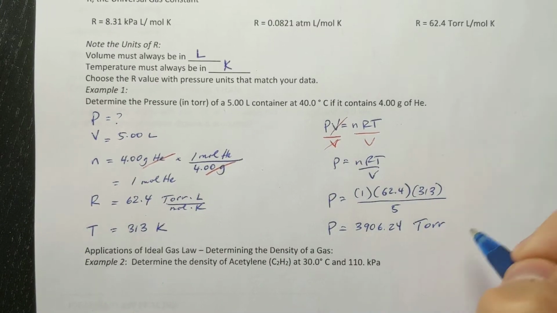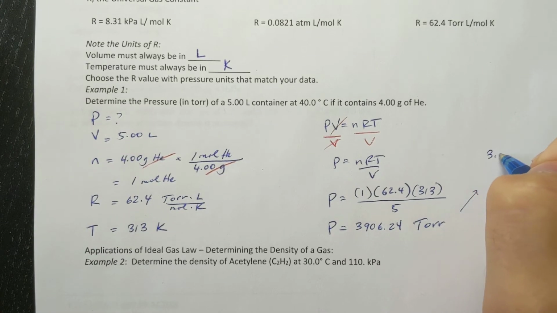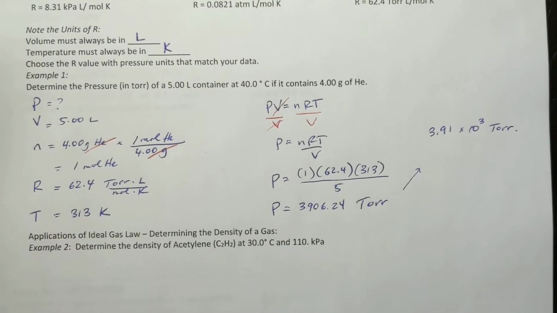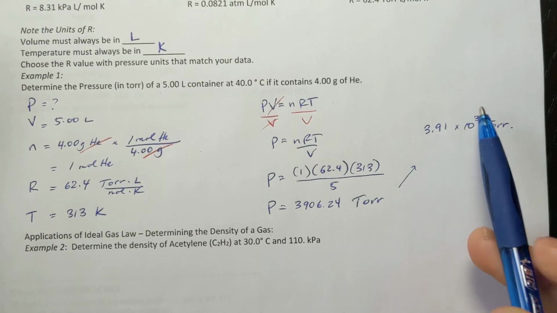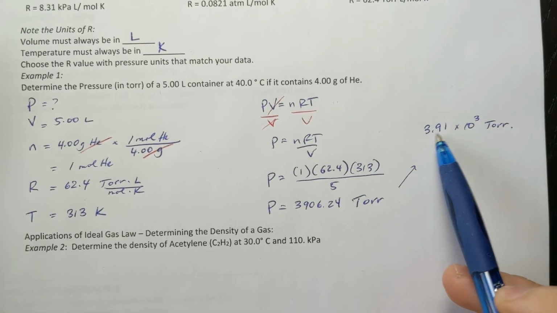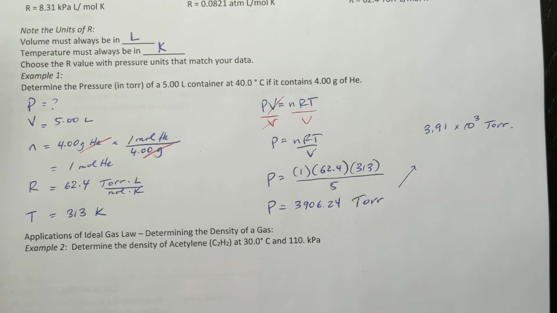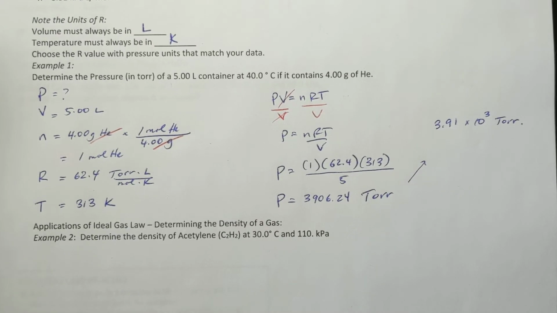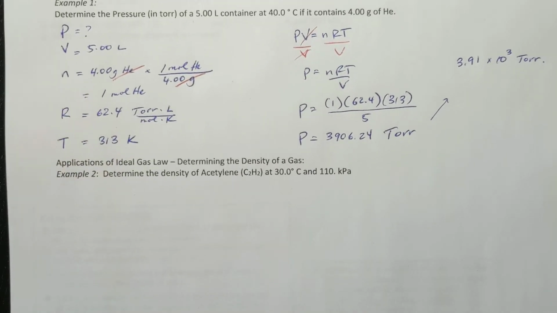So I'm going to write this as follows: 3.91 times 10 to the power of 3 torrs. That gives me 3 significant digits in scientific notation and the correct units right there. Okay, let's move on.